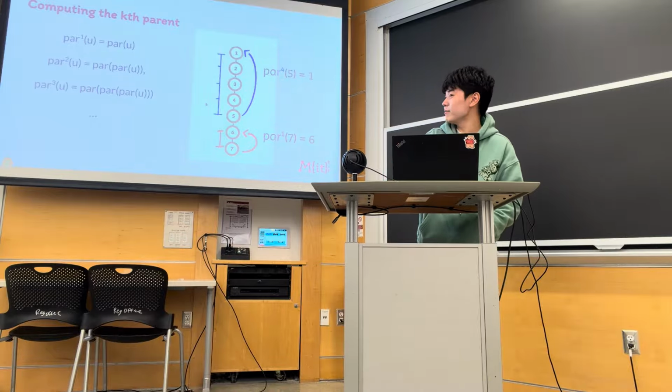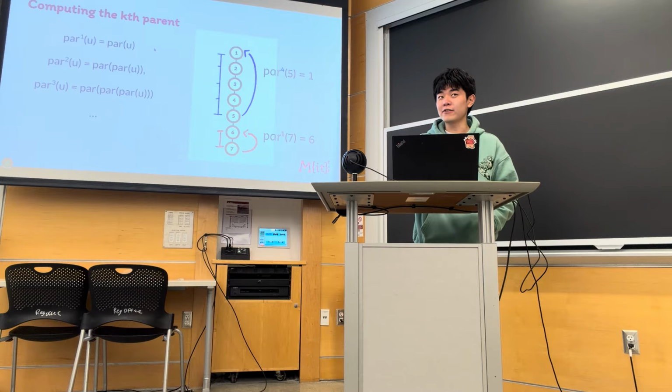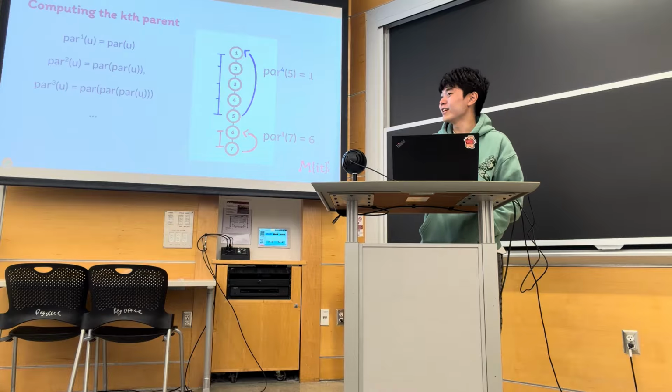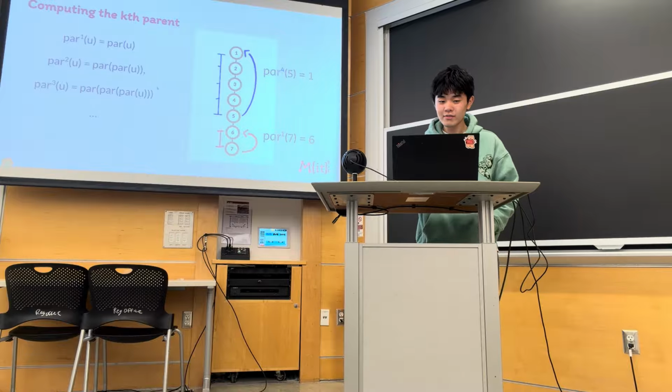For the sake of this problem, we're going to represent the parent as a function. So par of u will just return the parent of u, and for some notation, we'll say par squared of u is the parent of the parent of u, and par cubed of u is the parent of the parent of the parent of u. So you can compose the parent function on top of a node to get its kth parent.